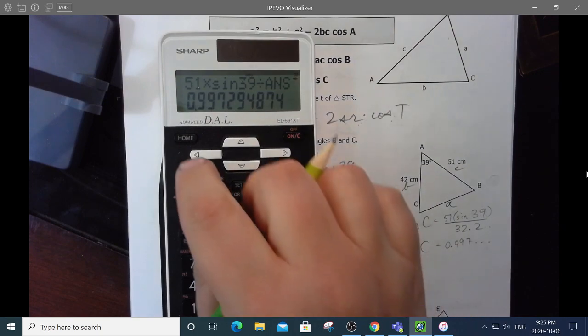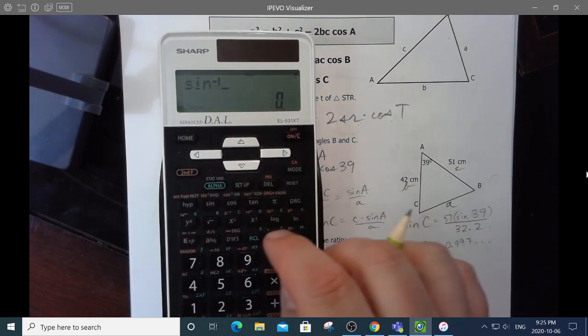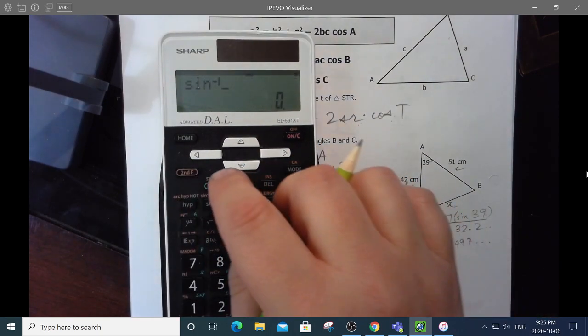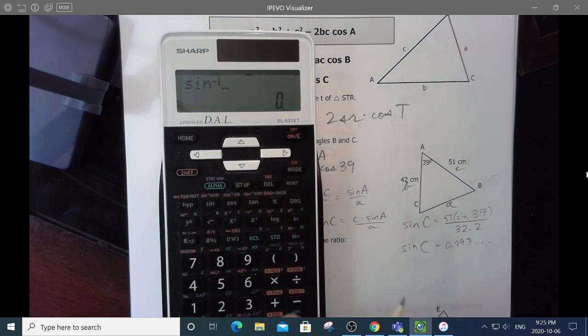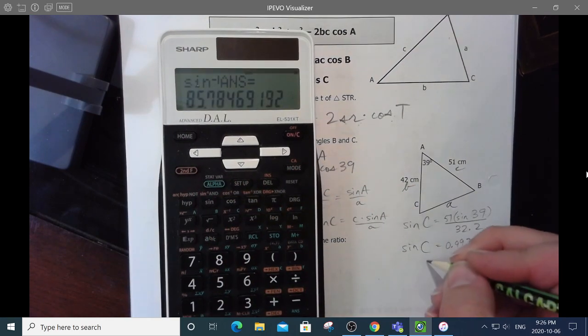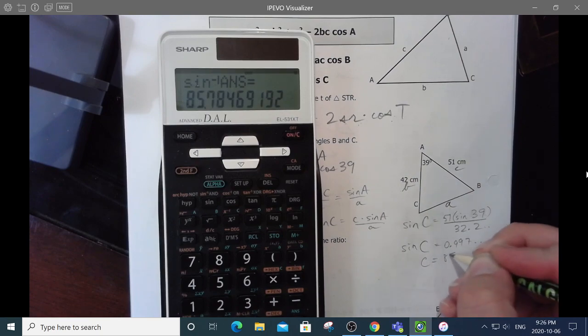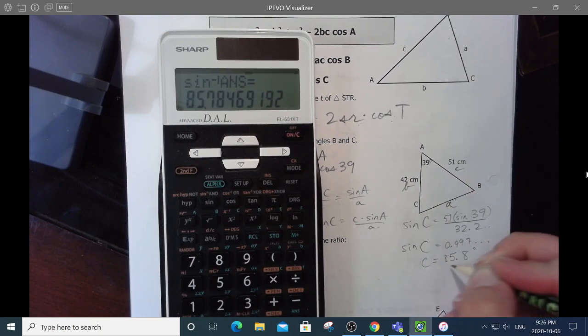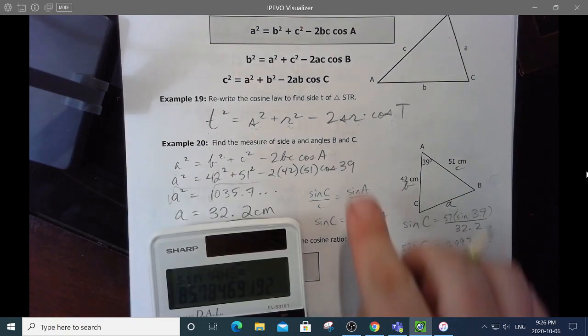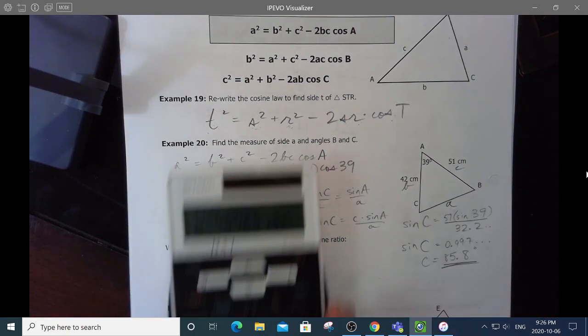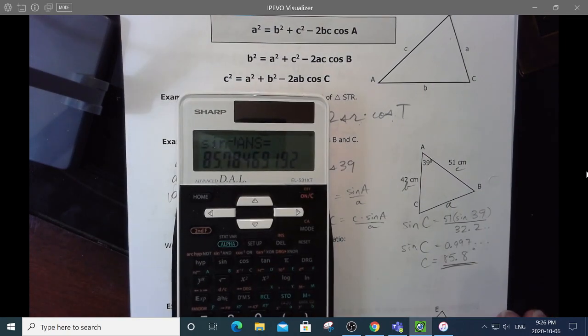Otherwise you can't do the inverse sine of it. Inverse sine of my answer. And that makes sense. Angle C is 85.8 degrees. Now, I still have one more thing to find. I found angle C. I still have to find angle B. Should I use sine law? Should I use cosine law?